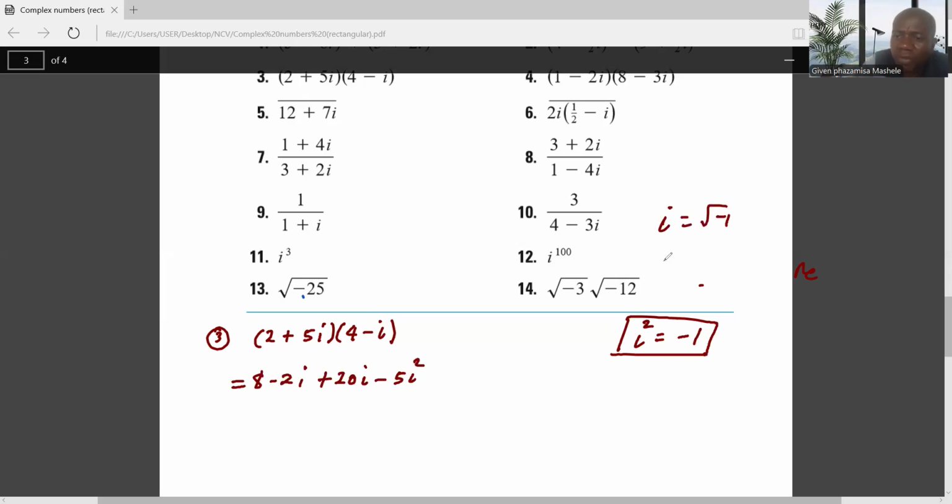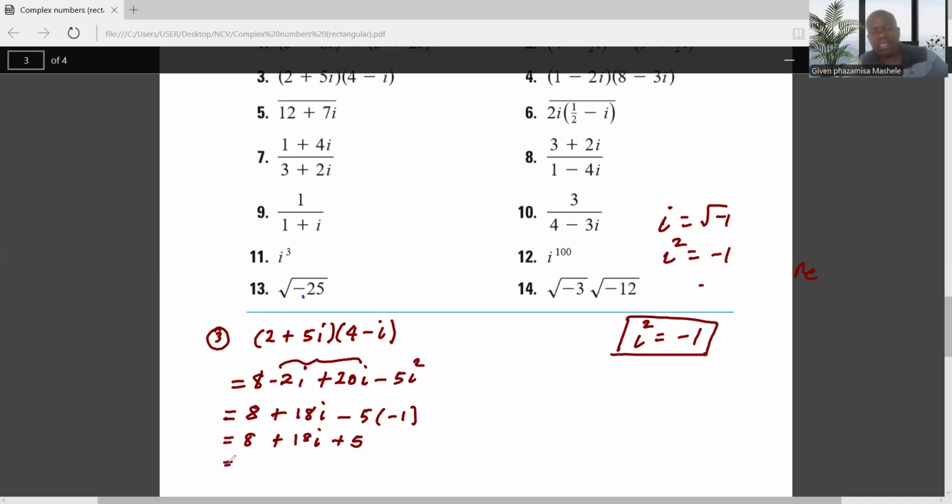So if we make i squared, the answer will be -1. These are like terms. Minus 2i plus 20i will give us plus 18i. Then minus 5 times i squared, which is -1, will give us plus 5. So this will give us 8 plus 18i plus 5.